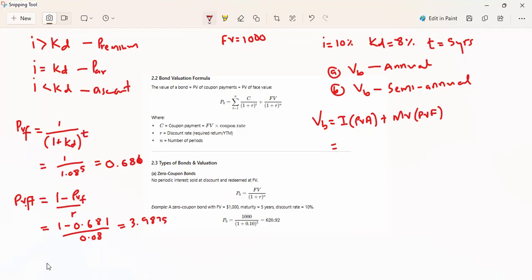Okay. Then the capital I is given by small i times the face value. So what is our small i and what is our face value? Face value is 1,000. 1,000 times what? 10%. What do we get? 100. So let's substitute here. On capital I, we're going to put 100.